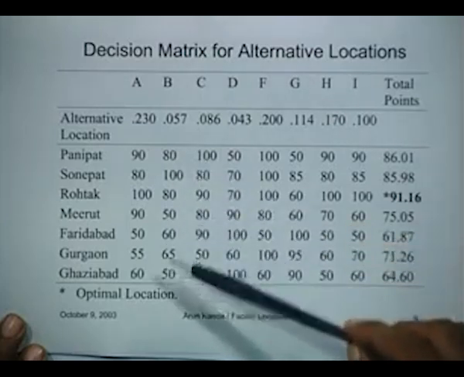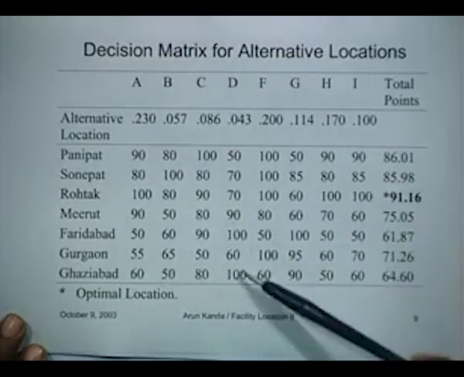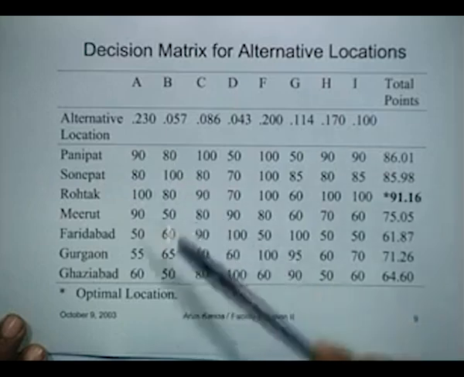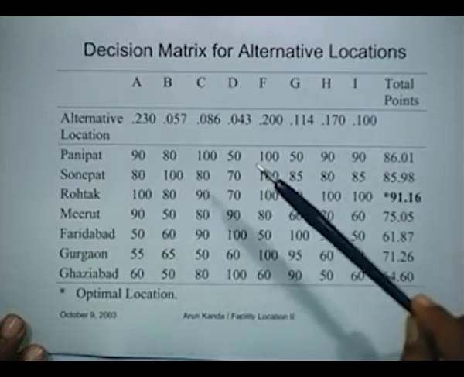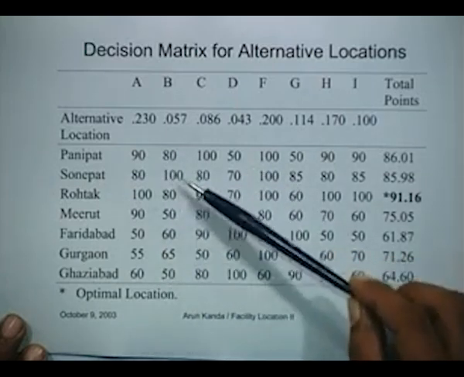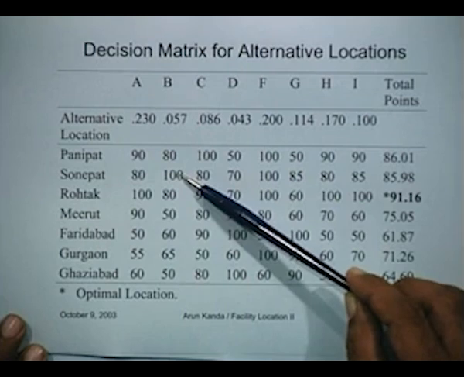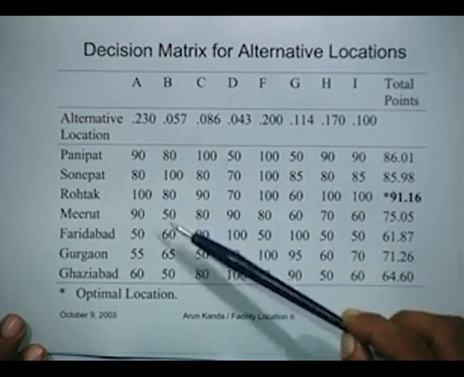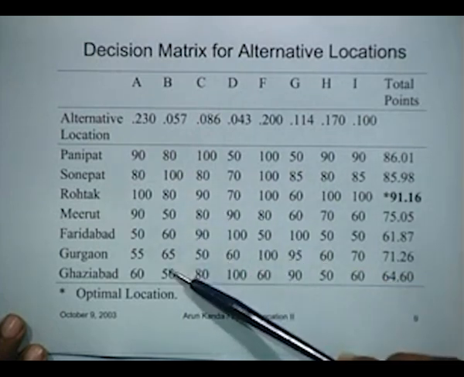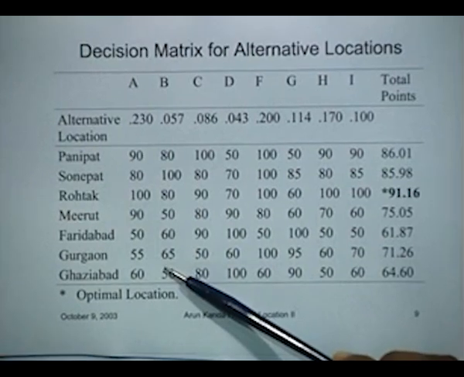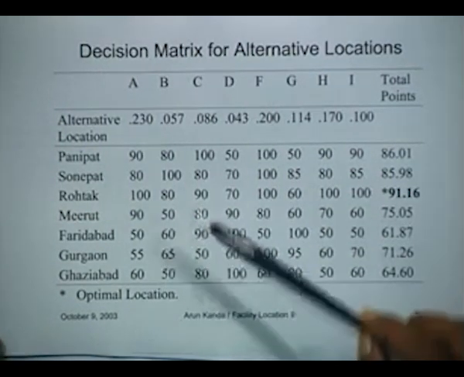Similarly, all these evaluations were done on a normalized scale from 50 to 100. For instance, in the second objective, it was felt that Sonipat was the best, and Meerut and Ghaziabad were the worst. And for instance, the third factor was transport facilities.